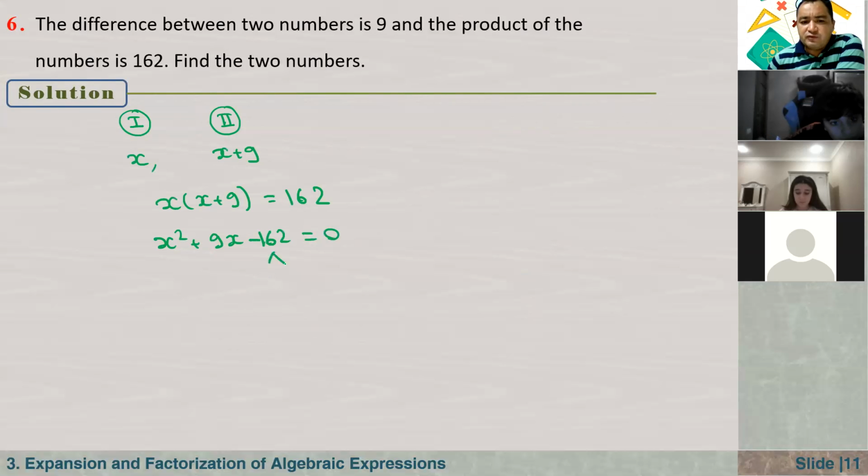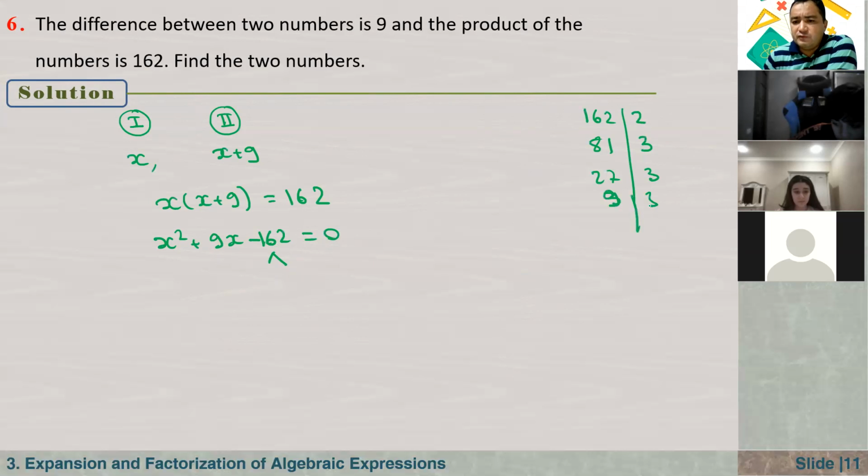So now can we find two numbers whose product is 162 and whose sum is 9? 162 is a negative product, so the bigger number should be positive and the smaller number should be negative. Here is the prime factorization of 162: divide by 2, 81; divide by 3, 27; divide by 3, 9; divided by 3, 3; divided by 3, 1, right?